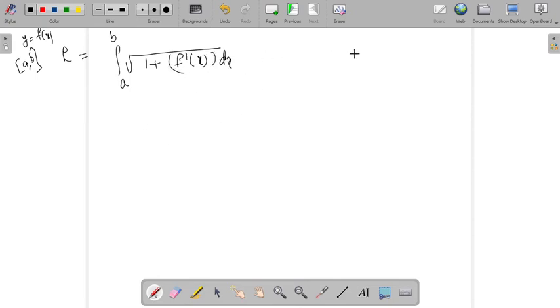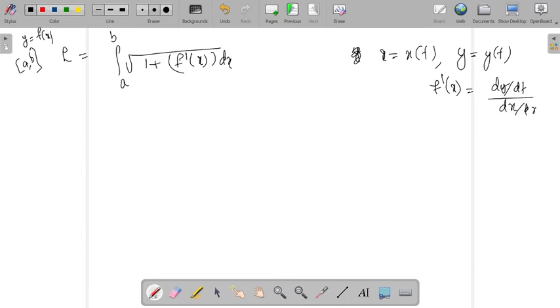Now, if you are representing your curve in the parametric form, so if x is equal to x of t and y is equal to y of t, then f dash will be dy by dt by dx by dt.